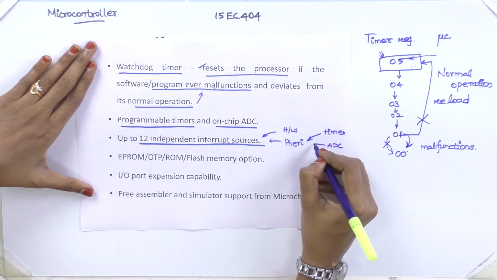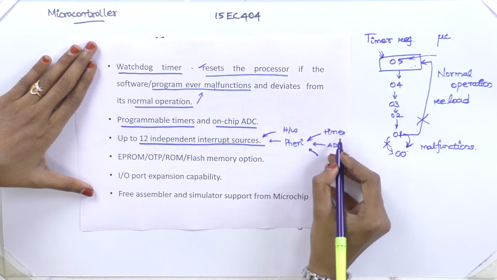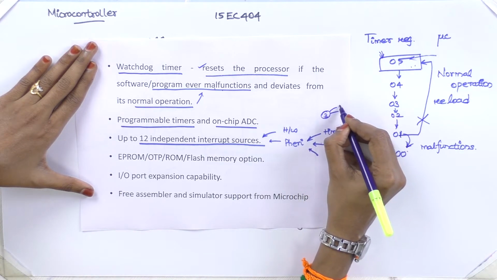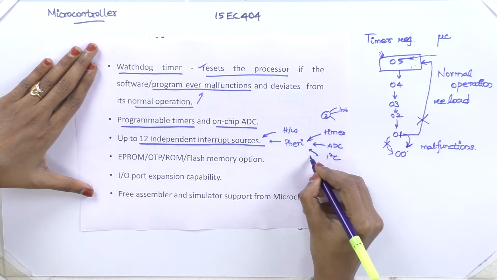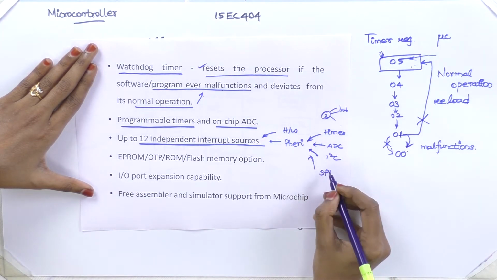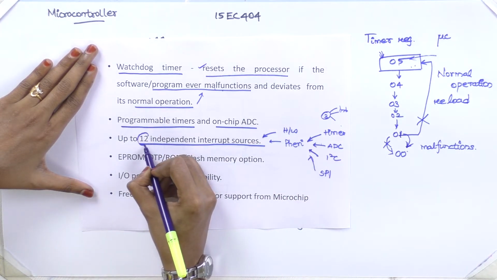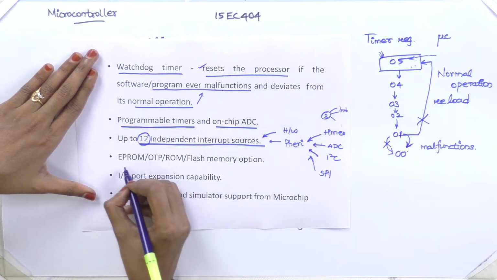Based on the channels the interrupts are there, and based on the timers also; if you have 3 timers, we will have 3 different interrupts. Then from I2C and SPI we will also have interrupts. So we have 12 such interrupt sources in the PIC microcontroller.